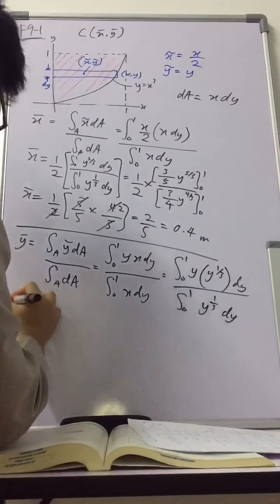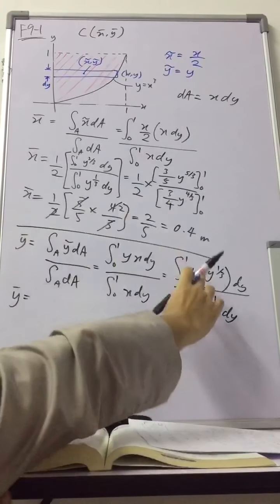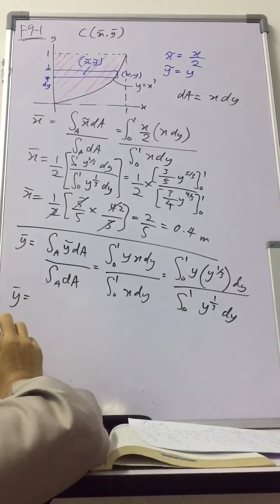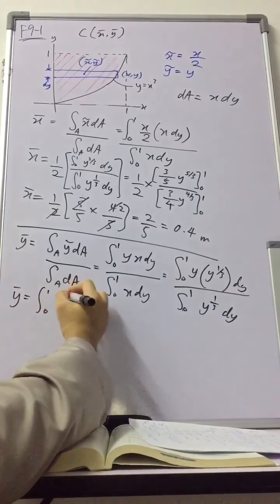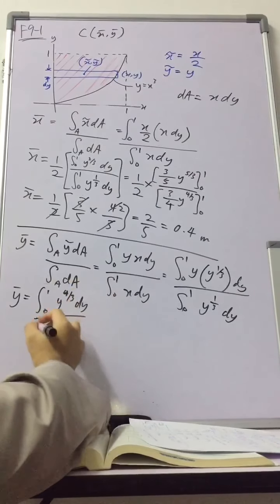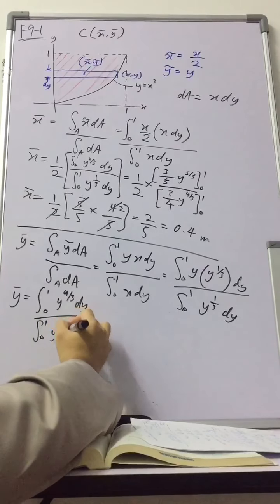Okay, so your y bar is y times y to the power of 1 over 3, which is y to the power of 4 over 3, right? So y to the power of 4 over 3 dy over integration over 0 to 1 of y to the power of 1 over 3 dy.